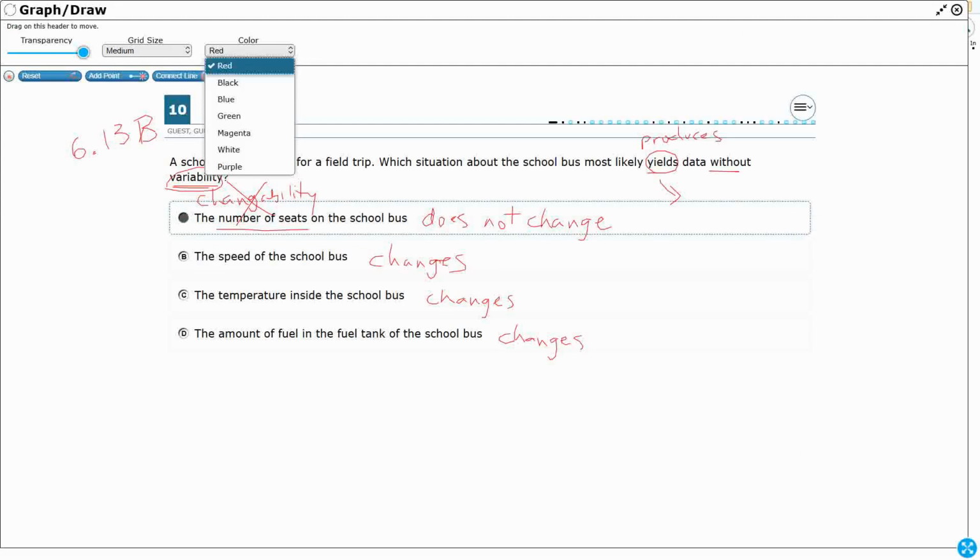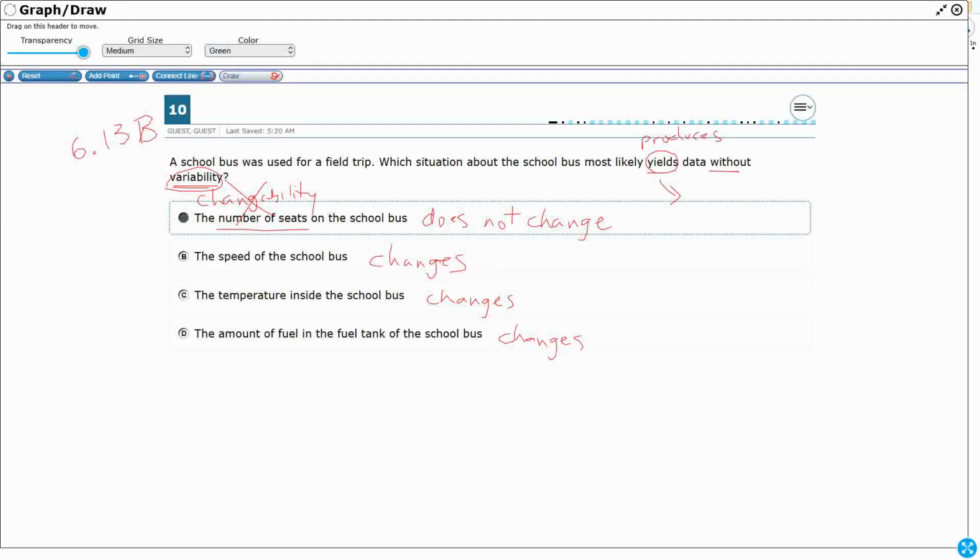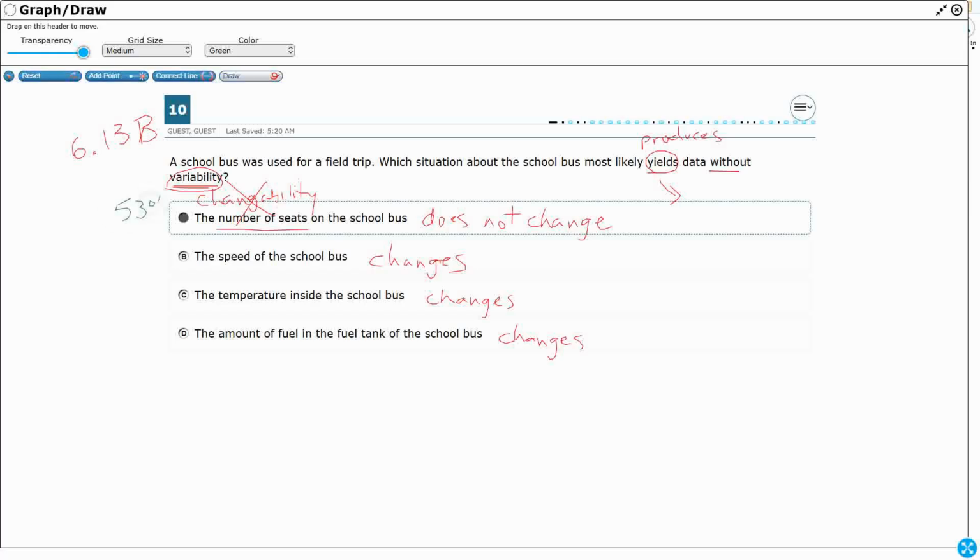Now, this was a brand new tested standard, not a new standard for us to be teaching, but a new standard that had yet to be tested. We had 53%, so not horrible. We're not necessarily saying that was easy, but it was decent. 12%, 13%, 22%. Now, a lot of students chose this D. Not sure why they would think the amount of fuel does not change, unless we're not really sure about what that means.